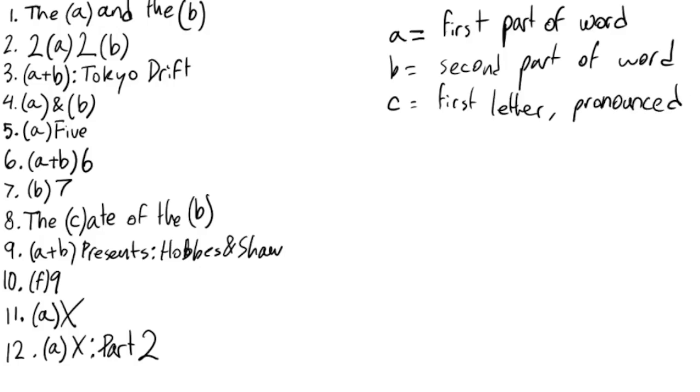So maybe February is a bad example because it's the same start, but let's say July. It would be the Jate of the Lie. And then F down there at F9, which is actually 10, that is your first letter, just, I guess, said. So in the original it's not F9, it's F9.